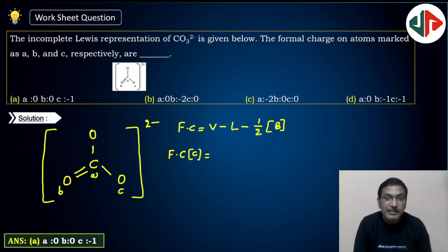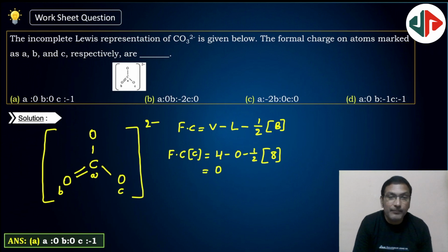Number of valence electrons 4 minus number of lone pair electrons 0 for carbon, as it is having 4 bonds. So half into number of bonding electrons 2 plus 2 plus 2 plus 2, that means 8. Therefore formal charge will be 0. So A will be 0.